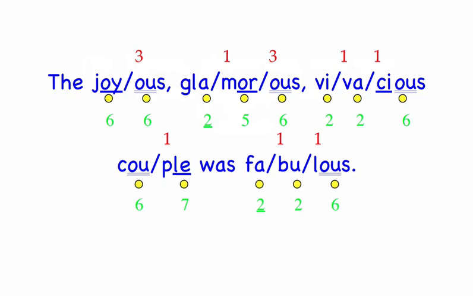Sentence 7. I might not be 18, but I treasure bright, pleasant words. I might not be 18. 2 syllables, first syllable a, 1 sound.